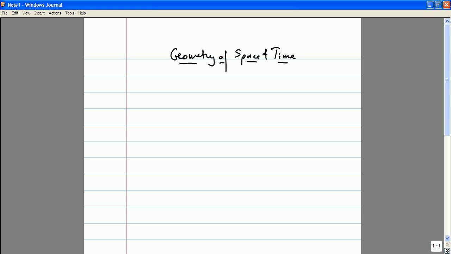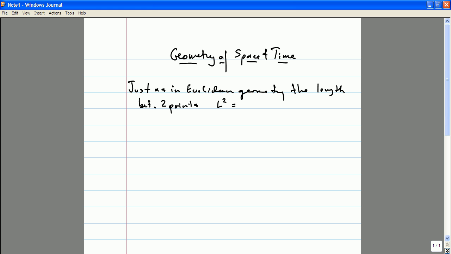In particular, we saw that just as in Euclidean geometry, the length, or the distance between two points, given by the formula L squared is delta x squared plus delta y squared, is independent of the choice of coordinate system.